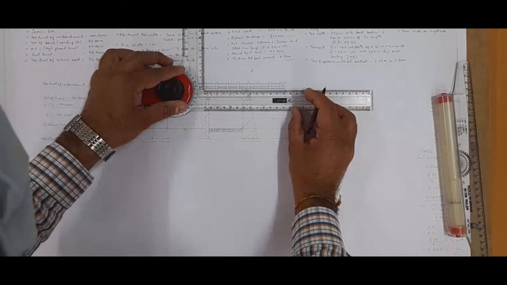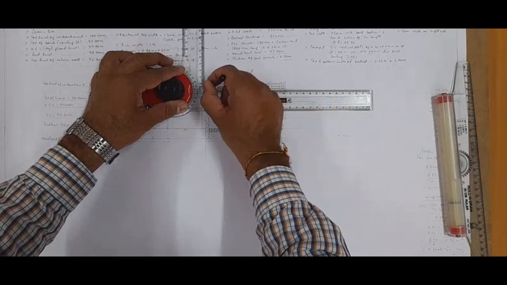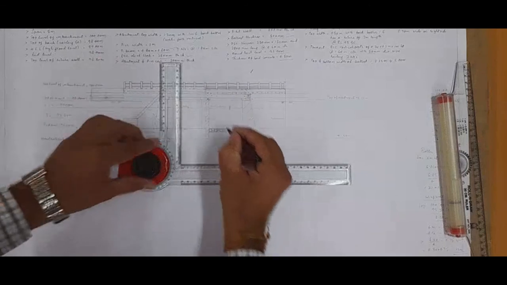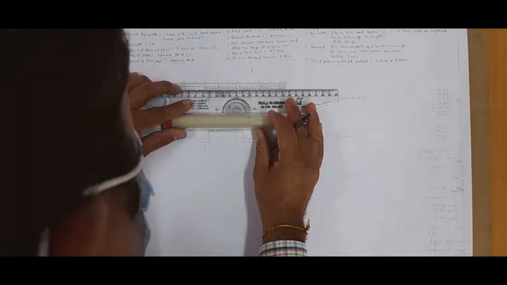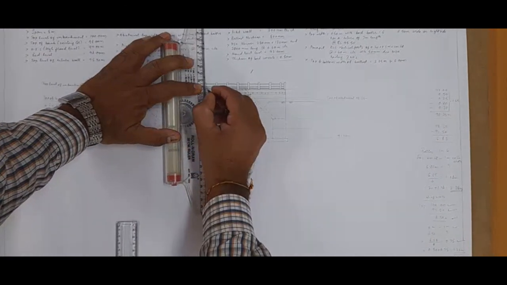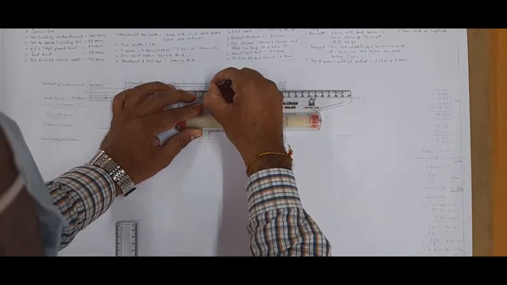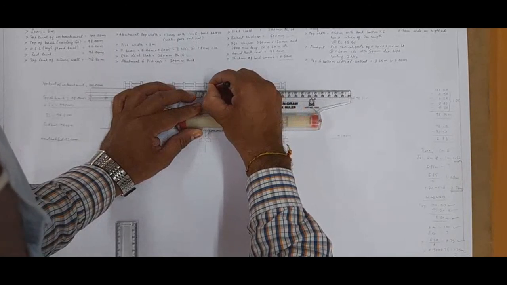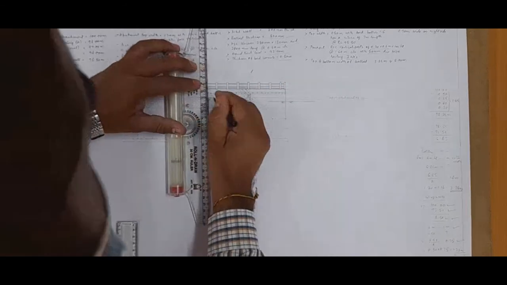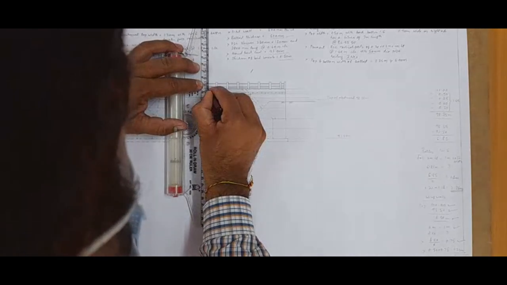So we shall draw a faint line here so that it will be easy for us to mark the sleepers. So on either side shall take 1.25 mm on either side, or so roughly I'm taking here. So this is half of the portion and one sleeper here.